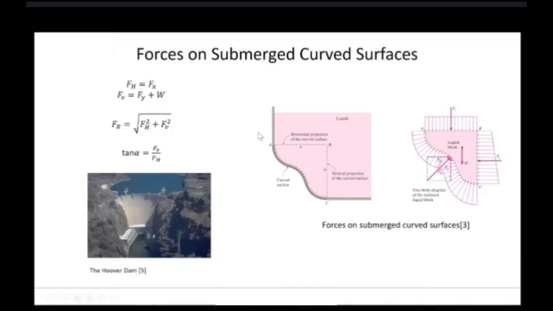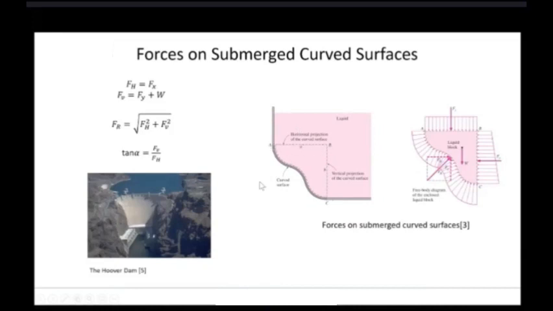If we consider a curved surface under some fluid, such as we're seeing here, so this surface here, AC, is clearly a curved surface. If we know this is set in equilibrium, we can just simply create a vertical plane there, BC, and a horizontal plane there, AB.